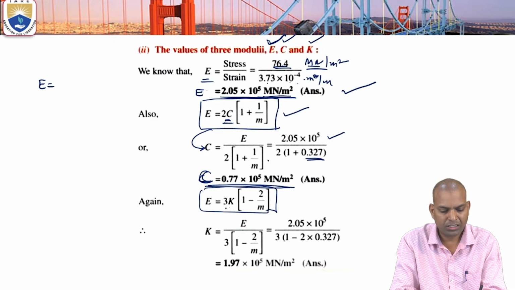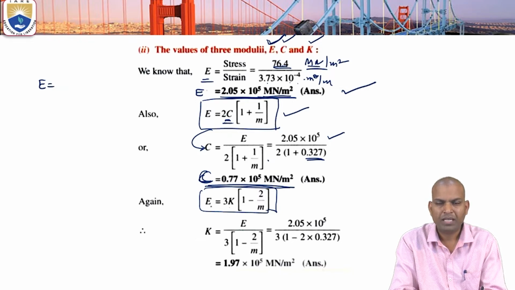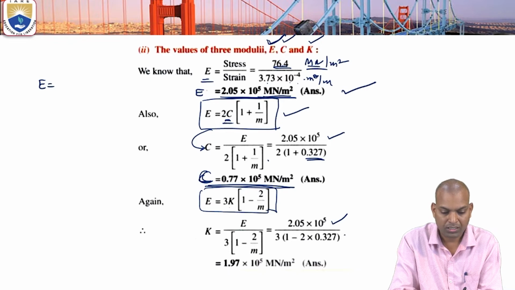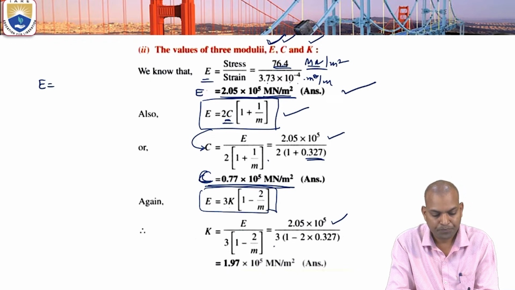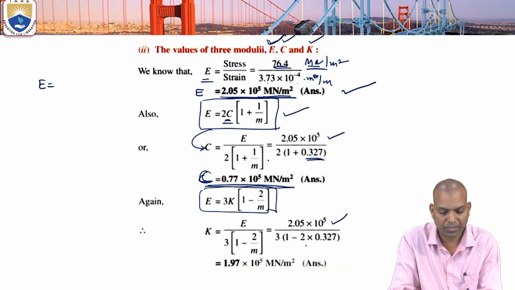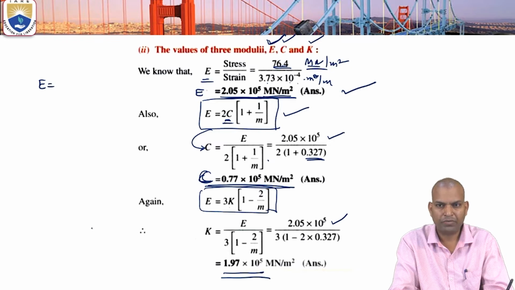So this formula is transformed into the required formula, K equal to E by 3 times 1 minus 2 by m. Then substitute the E value here, 2.05 into 10 power 5 meganewton per square meter, over 3 times 1 minus 2 times 1 by m, that is 0.327. The output value is 1.97 into 10 power 5 meganewton per square meter.